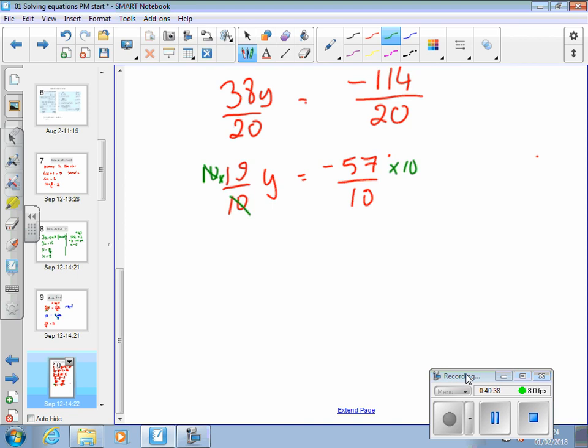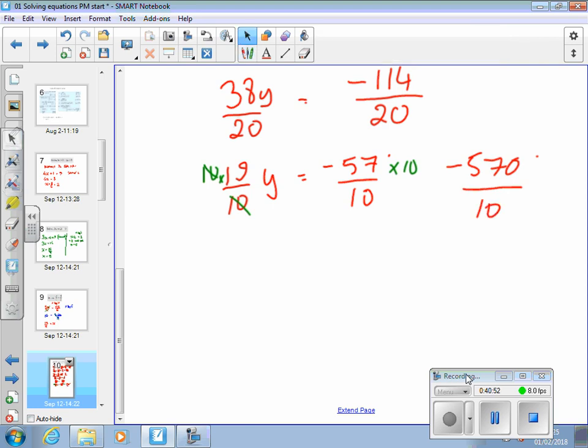Where did they get that? Oh, I know. Minus 570 over 10. Yeah, and then divide both sides by 19. So divide this side by 19. I end up with y on its own.